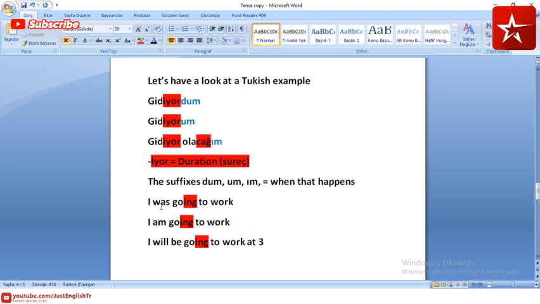We've got was, which is the past of be. We have am, which is the present of be. But we also have the base form of be itself. That's telling us about the duration or the nature of the action. We know when we say I was going, or I am going, or I will be going, we're talking about duration. The same as Turkish.